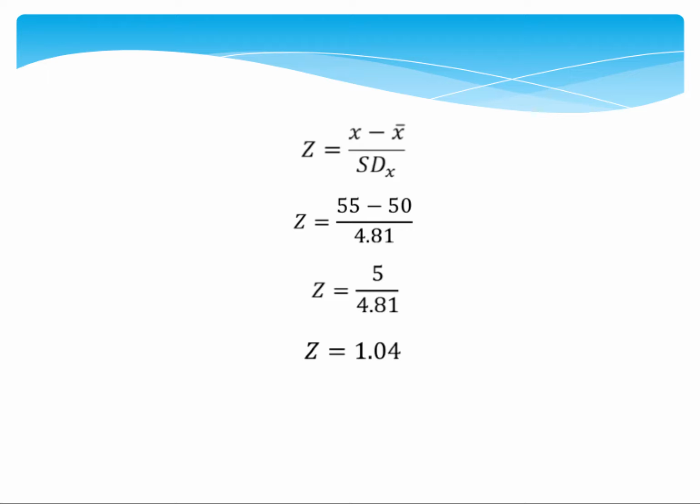It tells you that your score of 55 is 1.04 standard deviations above the mean. And that makes sense if we look at the numbers, right? 55 is 5 more. Well, your standard deviation is a little less than 5. So that means it's a little more than 5 above the mean. If you can't see how this works, please ask me.